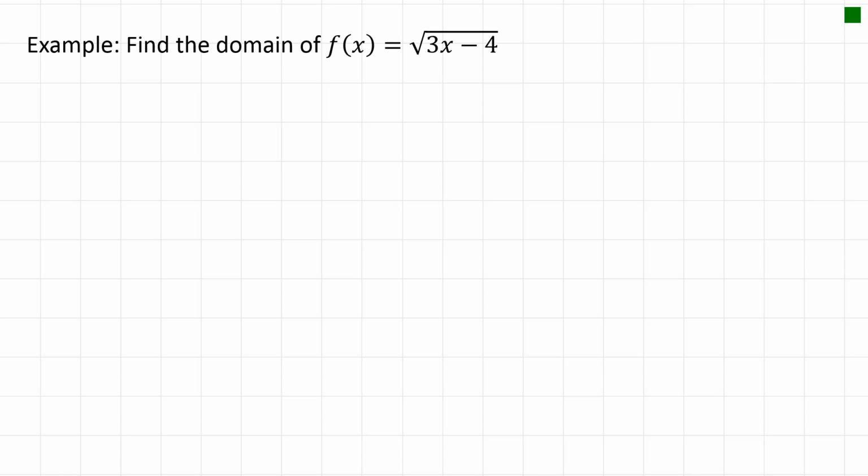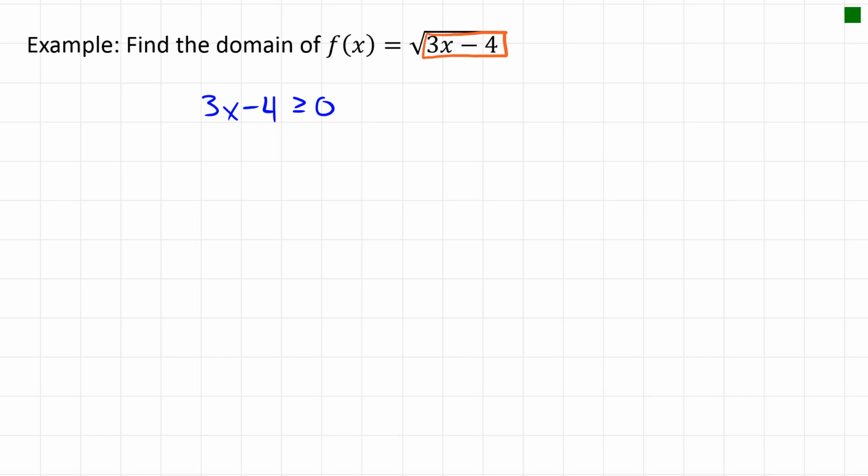But what about the function f of x equals the square root of 3x minus 4? Well, the same principle applies. What's underneath the radical has to be greater than or equal to 0. So that means that 3x minus 4, that whole unit, must be greater than or equal to 0. Now, we always write the domain as related to x.